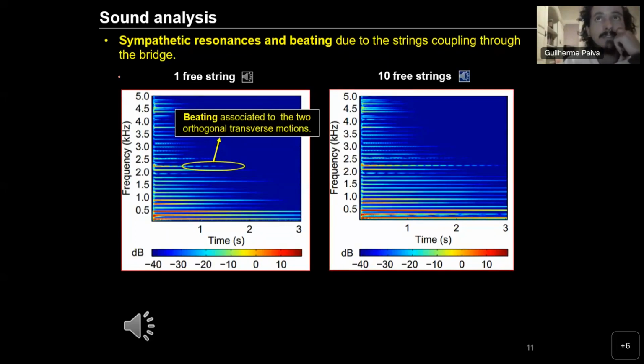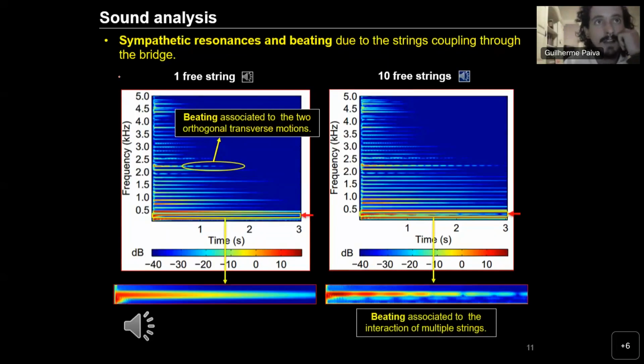And if we consider both spectrograms and look at the second partial, for example, in the 10 free strings configuration, we can note some beating here. And this is due to the interaction of the partials of multiple strings, okay? So we can note this phenomenon here.